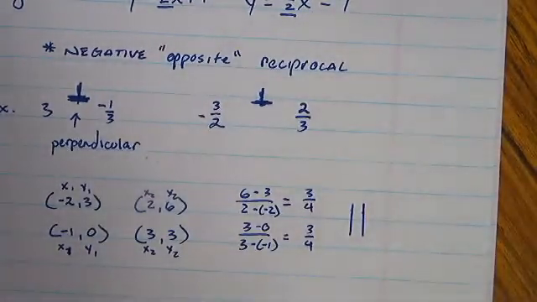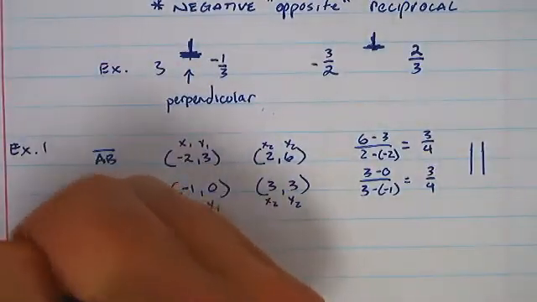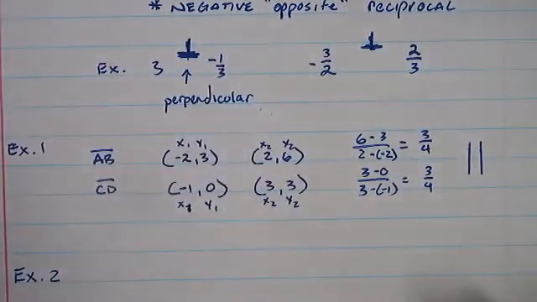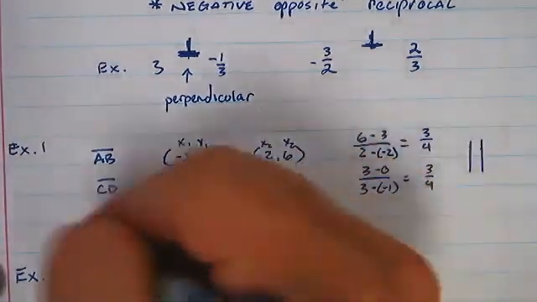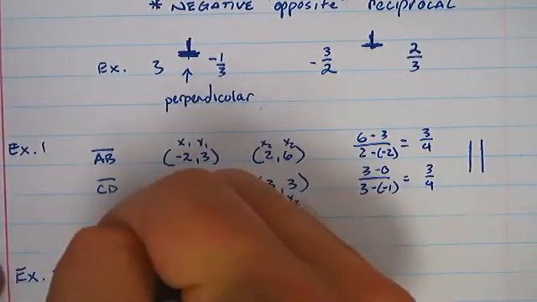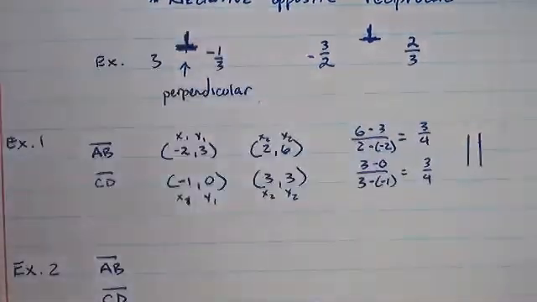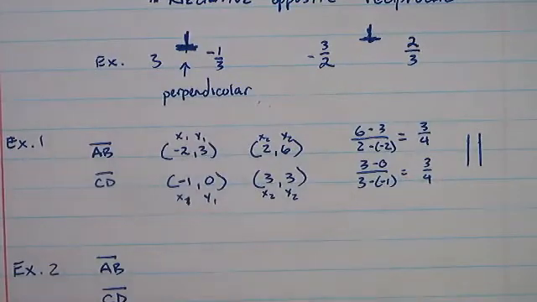Okay, easy enough. So let's look at one more, and then we'll call it a day for today. So example number 2. Let's go with line segment AB and line segment CD. Trying to find a good example so we don't step on our toes here.